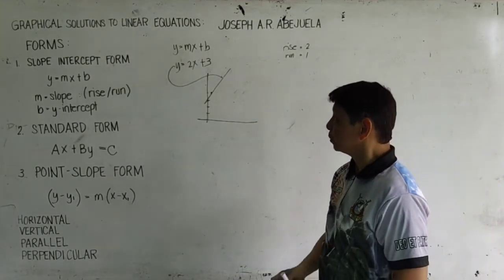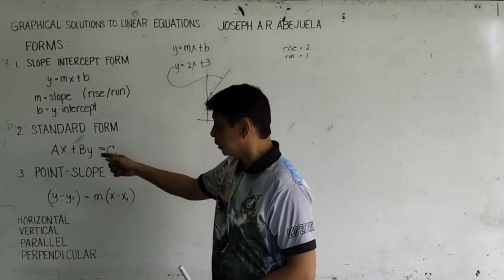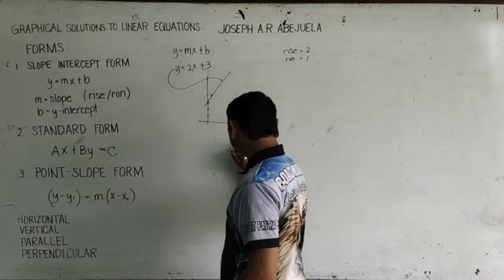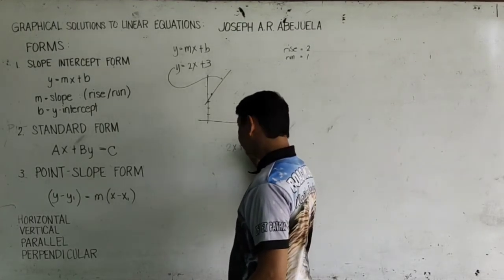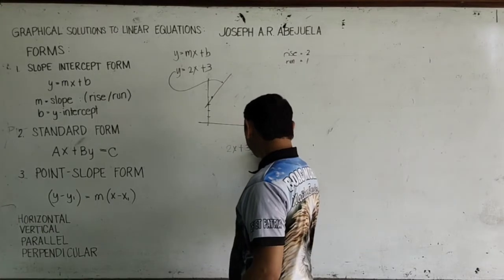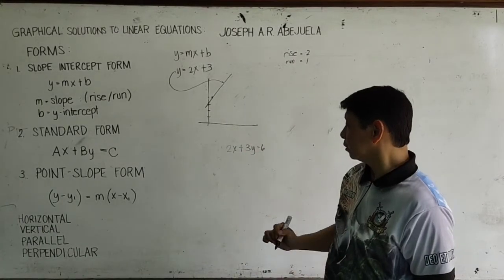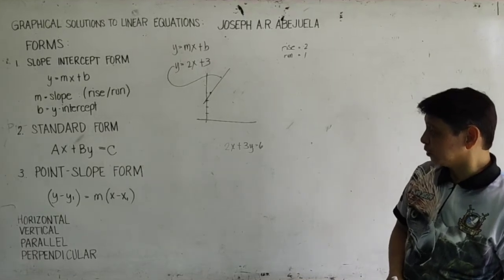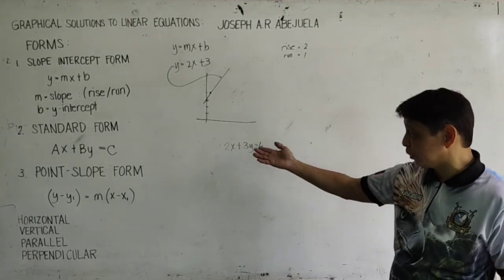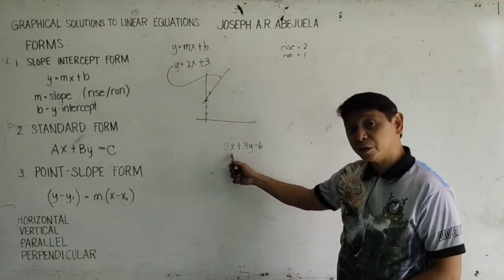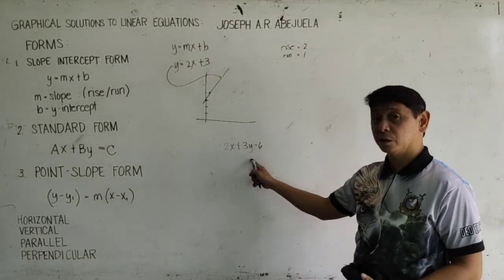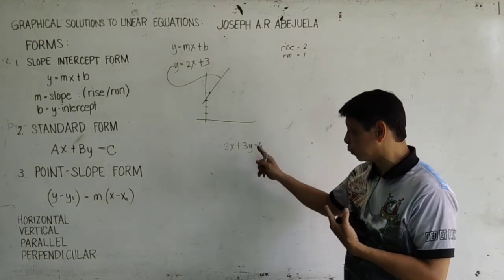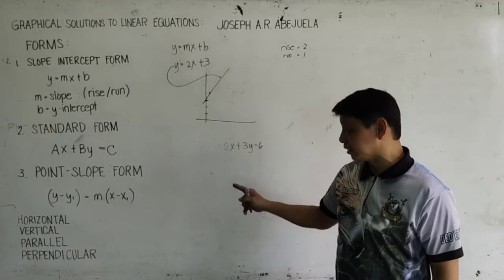Okay? So for the standard form, for example, we have 2x plus 3y equals 6. Now, solving for this format, we would just substitute 0 for x in order to get the y-intercept, and we will substitute 0 for y in order to get the x-intercept.